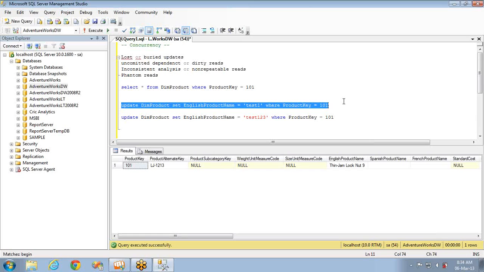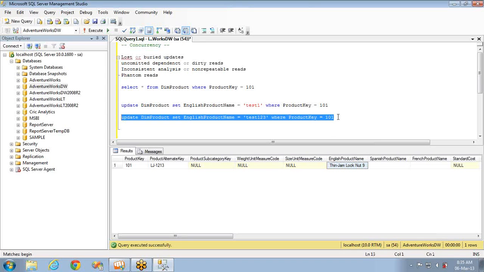I'm just telling you an example that people are not aware of executing the same kind of query on the same record. So when the first user executes this and the second user executes, both send the query, and the one which reaches the server last, the change will be permanent. For example, first let's say this query reached the server and executed, so the English product name will be updated to test 1. And within a fraction of a second, if this query hits the same database, the value will be changed to test 1, 2, 3.